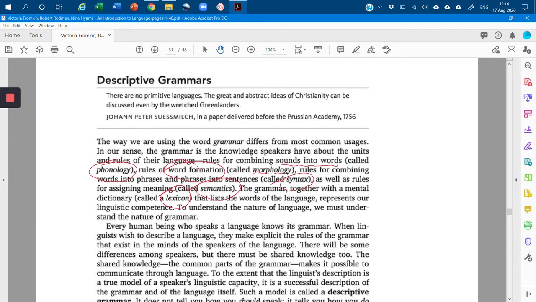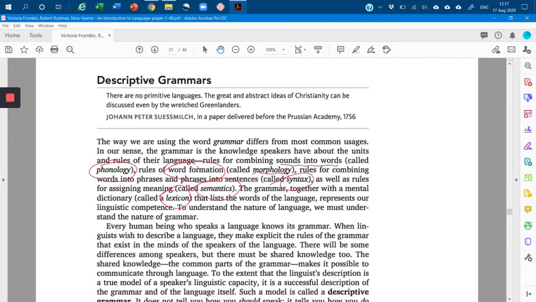But basically, phonology is the rules for combination of sounds. Morphology, the rules for formation of words. And then those words into phrases and those phrases into sentences, we call syntax. And then, of course, the mental pictures and so on that you have in your head, lexicons.